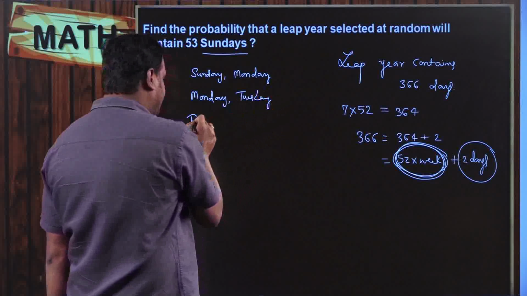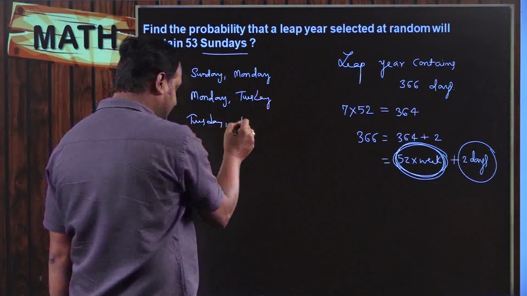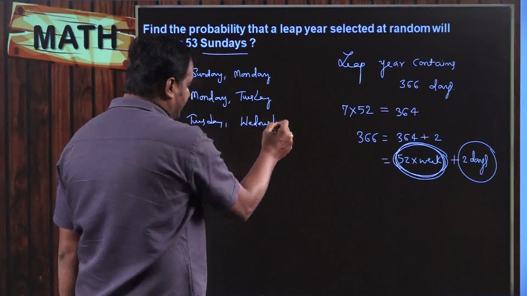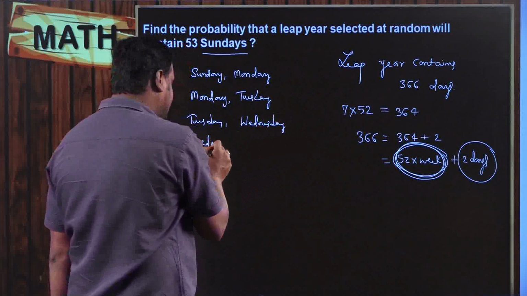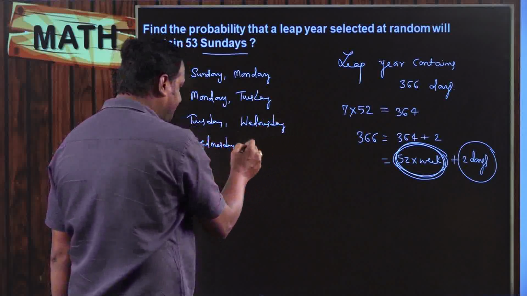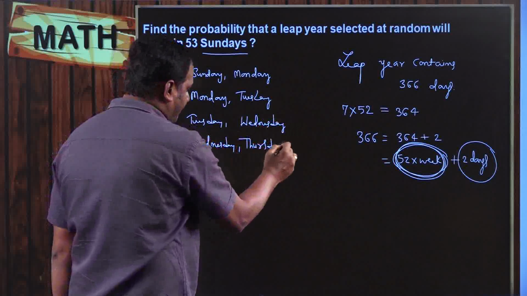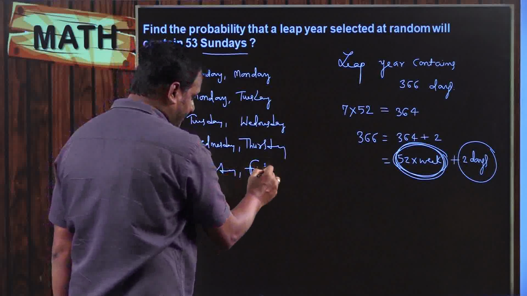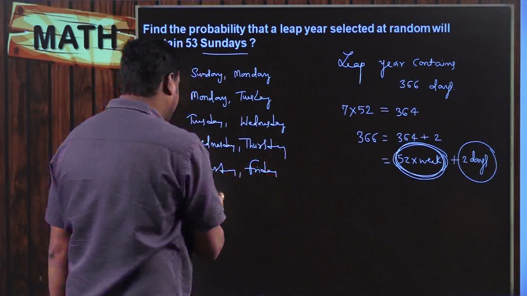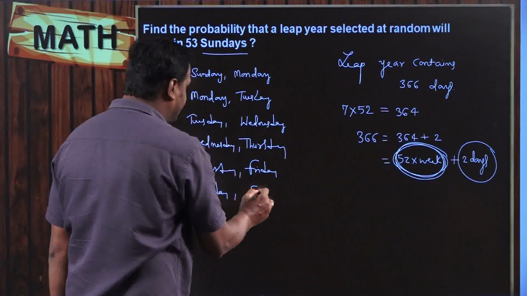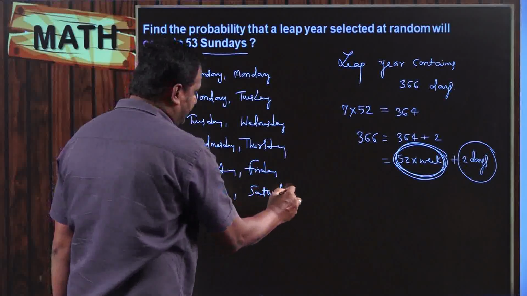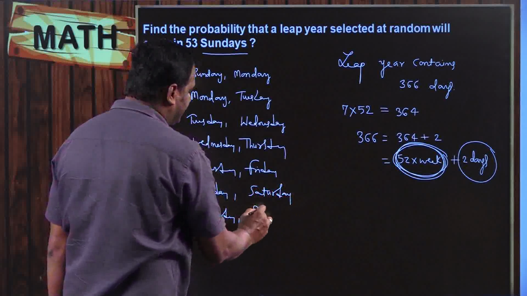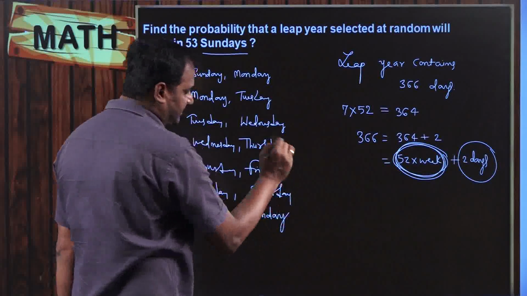Otherwise, Tuesday and Wednesday, and after that Wednesday as well as Thursday, and Thursday as well as Friday, and Friday as well as Saturday, and Saturday as well as Sunday, right? So these are the only possibilities.